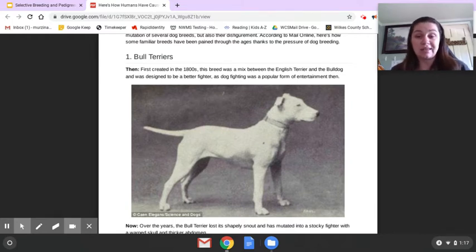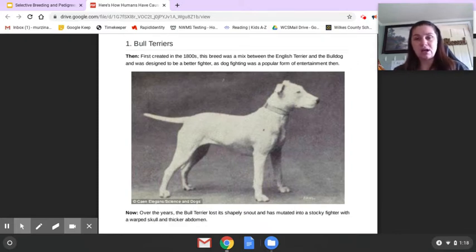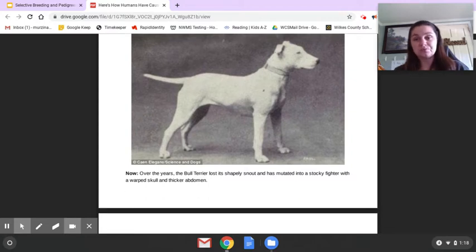It wasn't illegal back then, but they would breed the ones that were stronger, had better muscle tone, or weighed more and were able to fight better. So the ones that lived, they would rebreed over and over until they got the desired result, and they got dogs that would win in the dog fights.